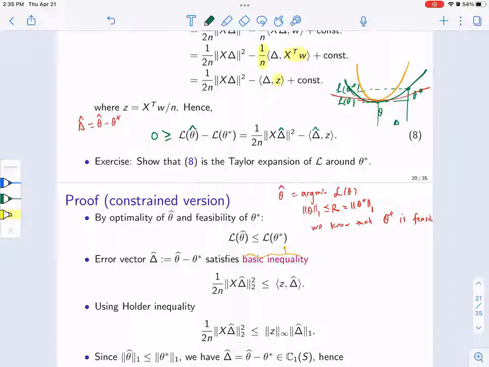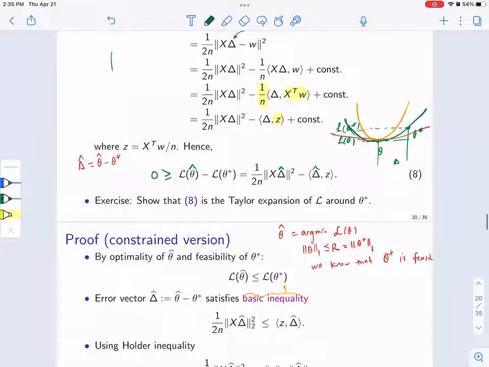So if the loss is flat, you could have, so this is my theta hat. This is like minimizing the loss, but the loss is like this. So this is L of theta hat, and let's say this is L of theta star.